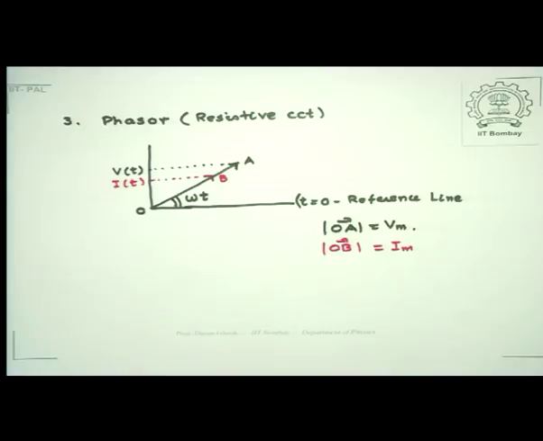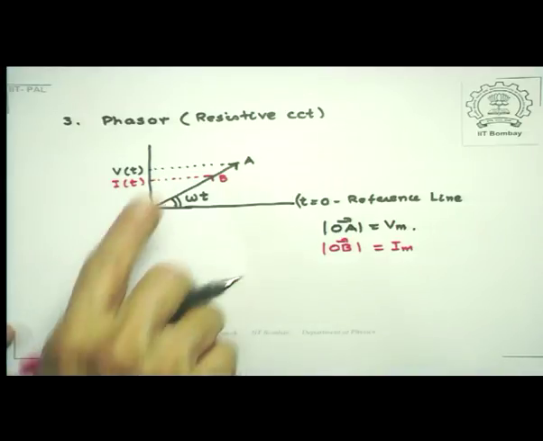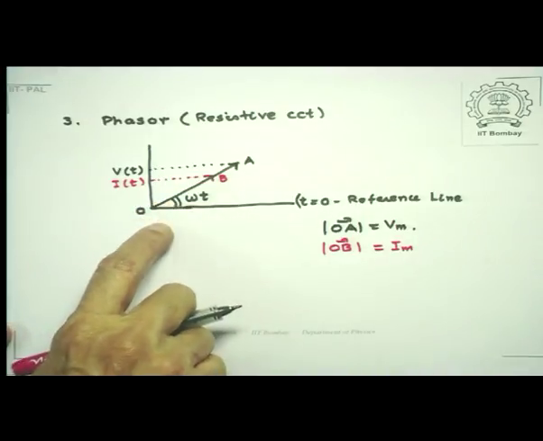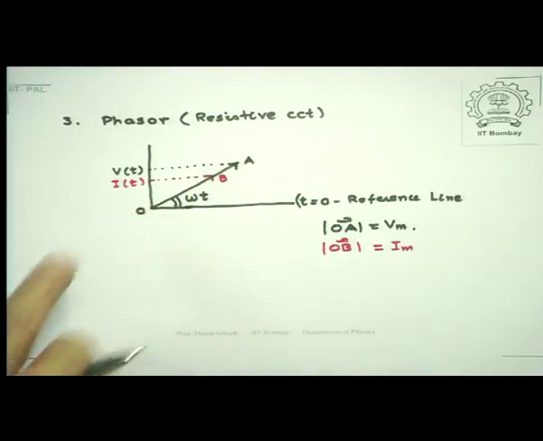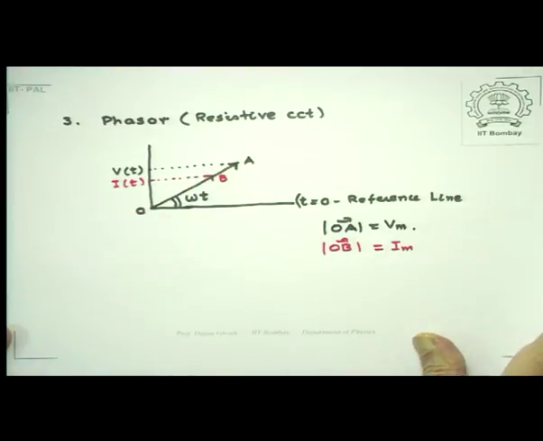You notice here that the voltage and the current are in phase, and so the directions of the phasors are identical.